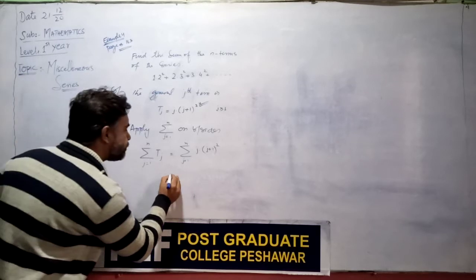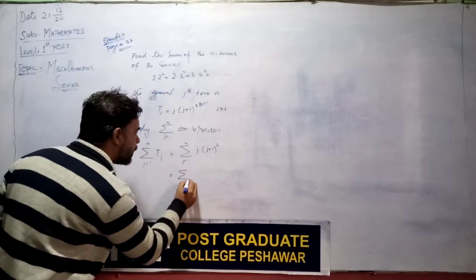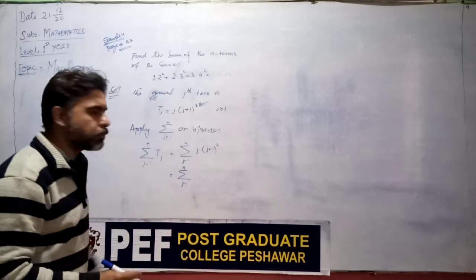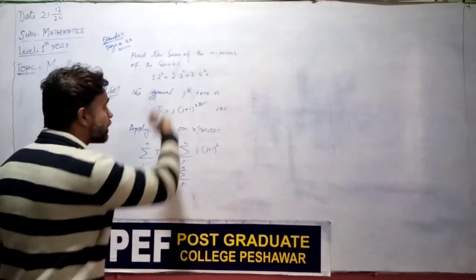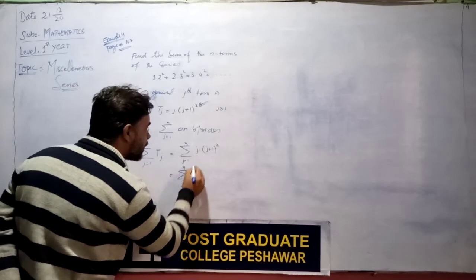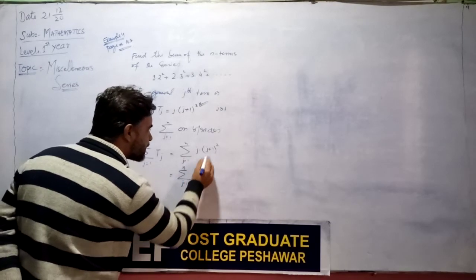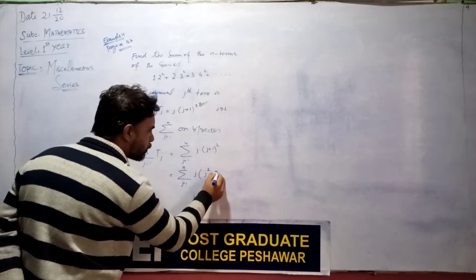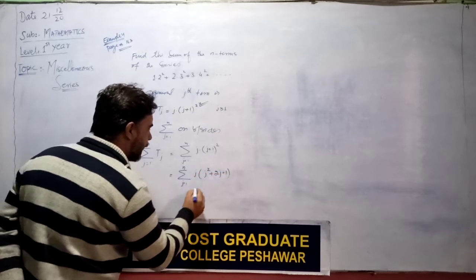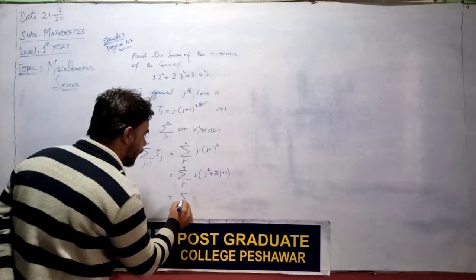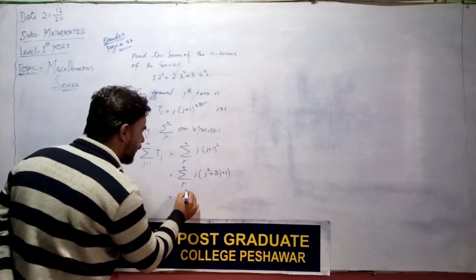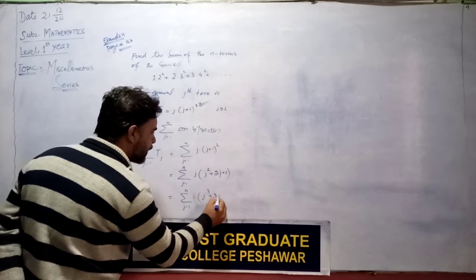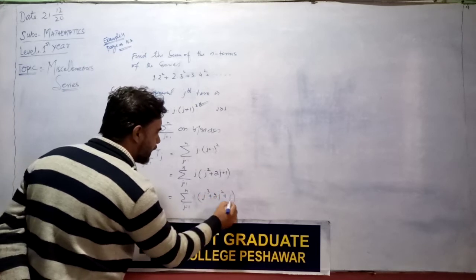Dear students, we now simplify to find the summation formula for the n terms of this series, so we do simple mathematics. Using the (a plus b) whole square formula, this can be written as j squared plus 2j plus 1, and j varies from 1 to n. This j will be multiplied with this to become j cubed plus 2j squared plus j.